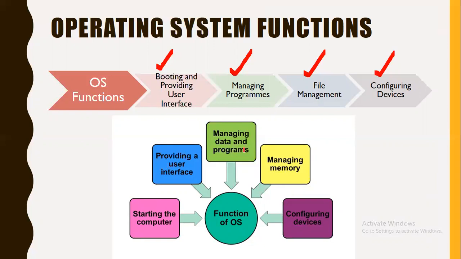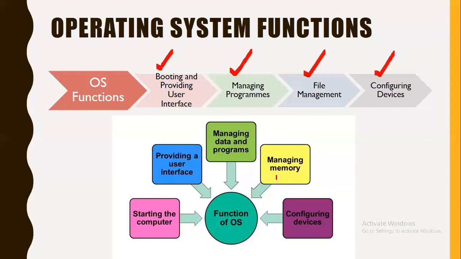like this. It has to manage data and the programs, like how much space is available, how much data is stored in a particular device, and what type of application programs are installed. So it is all the responsibility of the operating system. It has to manage the memory.